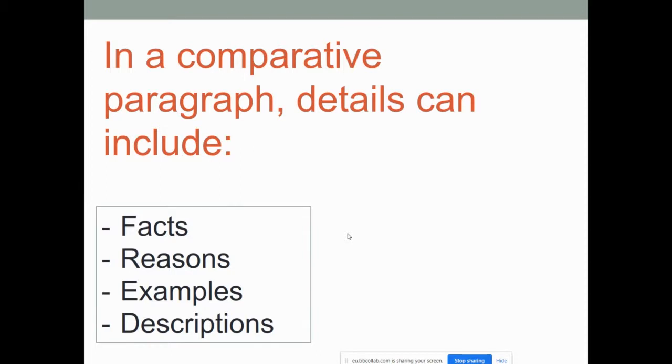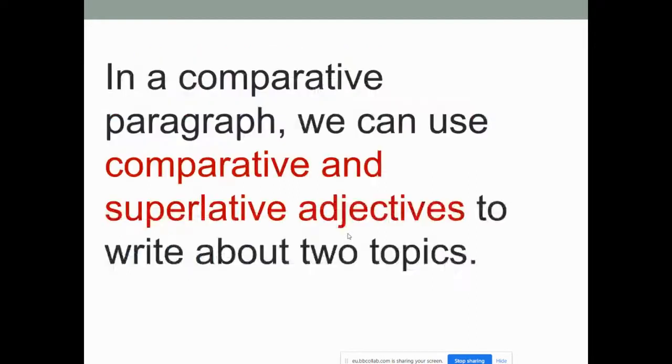Just to remind you, in a comparative paragraph, we compare two things. For example, Asim is taller than Madiha. We say this house is the biggest in the area, superlative. So we use comparative and superlative degrees of adjectives to write a comparative paragraph.